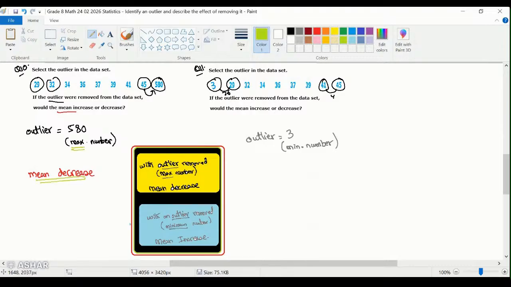It's the reverse. When the outlier is a minimum number, then the mean will increase. It's a reverse process. So we can say that the mean will increase. If you remove the smallest number, the mean increases. If you remove the largest number, the mean will decrease. Agreed? Okay.